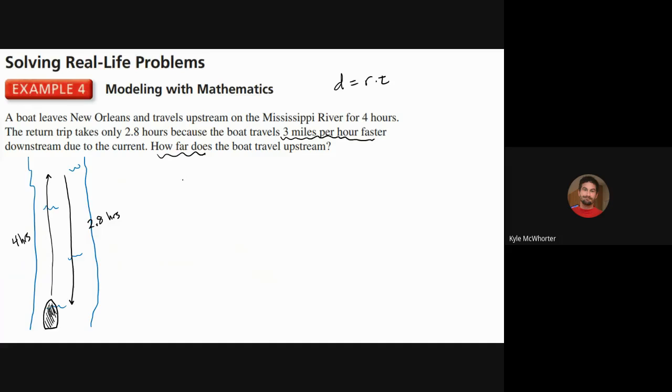So that means the rate times the time for the trip there has to equal the rate times the time on the way back, because the distances are equal.